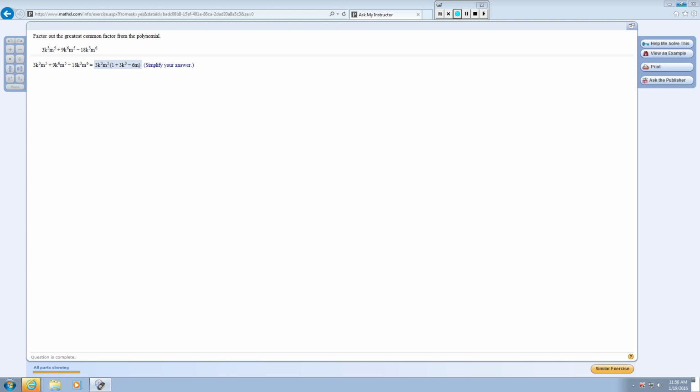And that's got parentheses around it. You don't actually have to write the rest of 6 right there. Minus 3k to the third equals 6. That should be what they have as the answer.